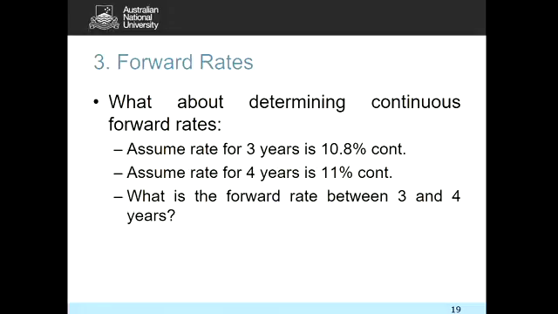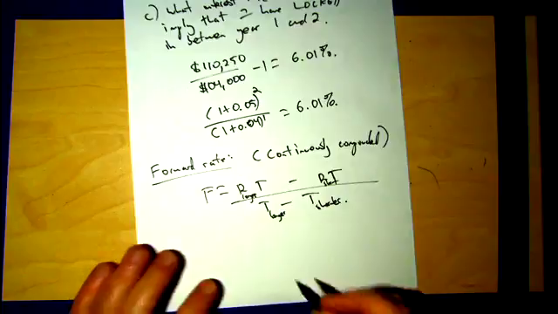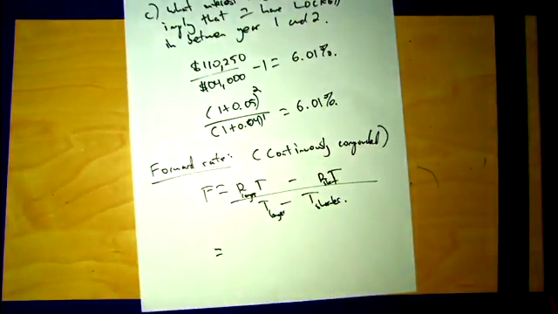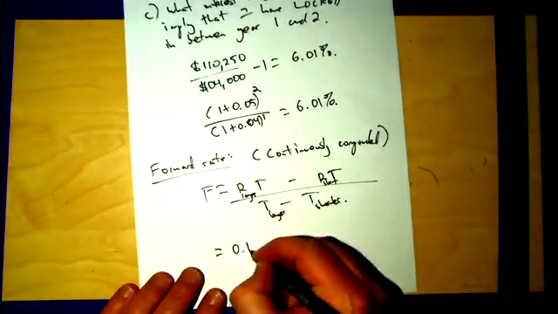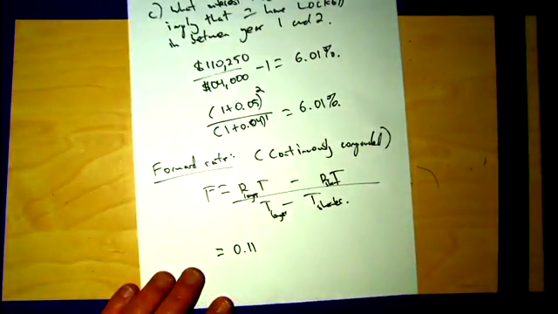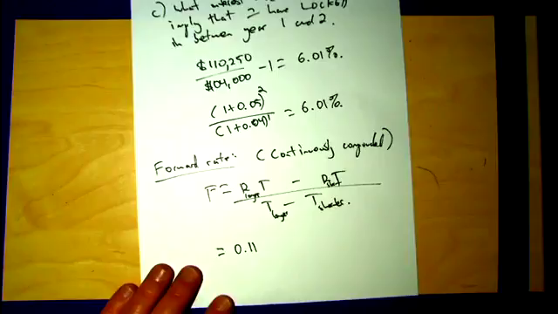So what we're trying to work out in this question is, using these spot rates, what interest rate can I lock in for the interest between years 3 and 4? Okay, what's the interest rate going to be between years 3 and 4? And I just use this formula here. So again, I start off with the longer time period, which is the 4-year interest rate, which is going to be 11%. I'll just write it down. How long is that time period?